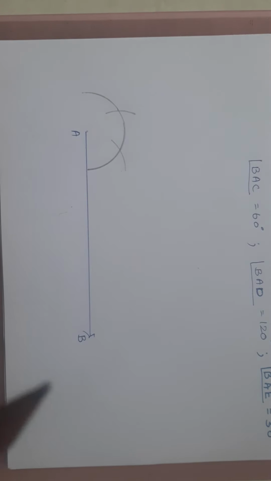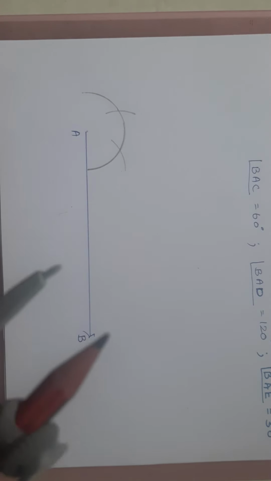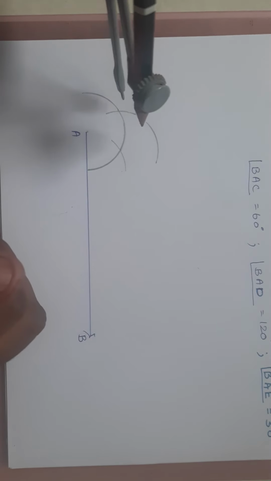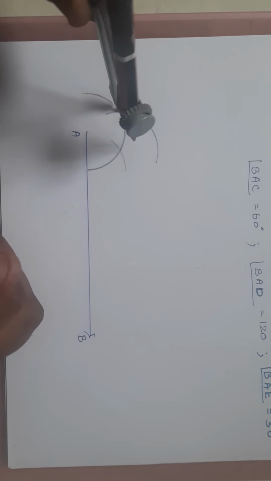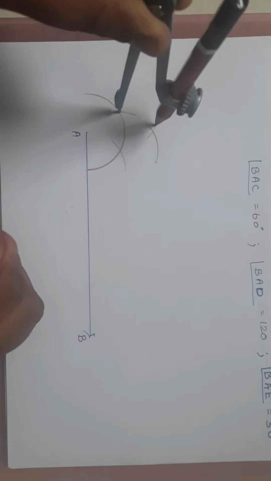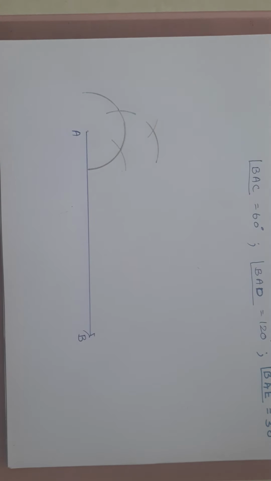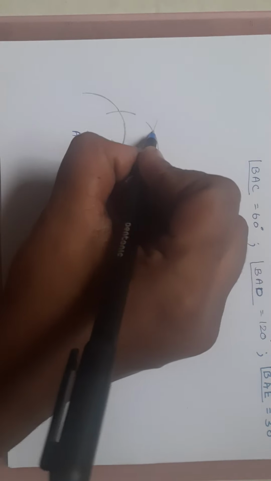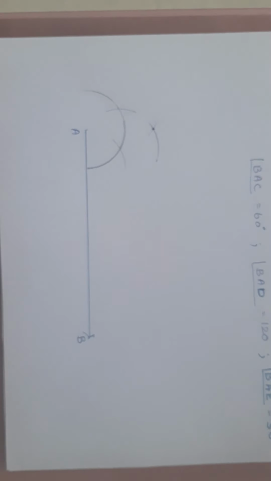Take the same compass measurement, keep it on the 60 degree point, cut one arc here, and keep it on the 120 degree point, cut another arc here. So you will get the intersection point.